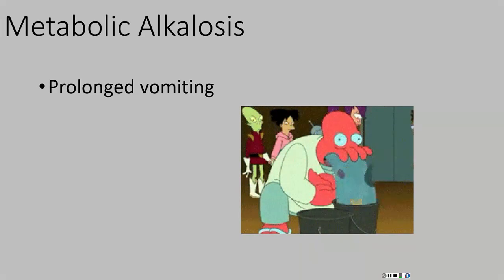And as that acidic contents leaves your body, then it leaves you too alkaline, drives you into alkalosis. And again, this isn't just, oh, I got sick. This is prolonged vomiting. This is several bouts of vomiting that drives you into the state of alkalosis.